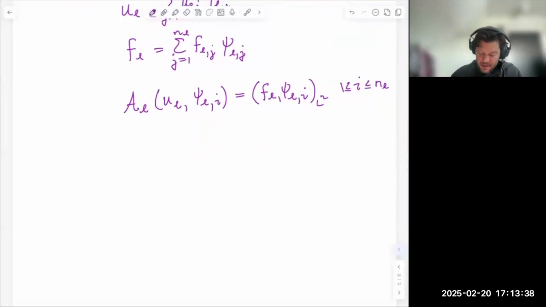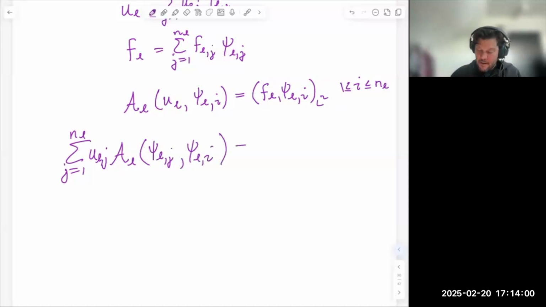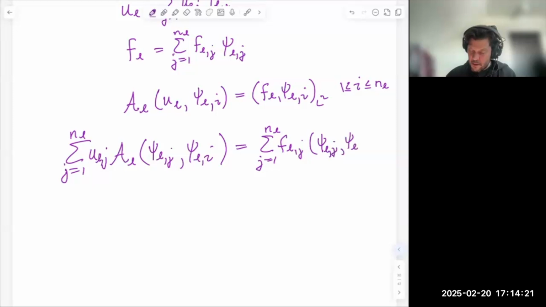So we have AL. Now I can use linearity. I'm going to pull the sum out: sum J equals 1 to NL of ULJ, and this is going to become AL(psi Lj, psi Li), equals, and here we're going to have sum J equals 1 to NL of FLj times the L2 inner product of psi Lj and psi Li.